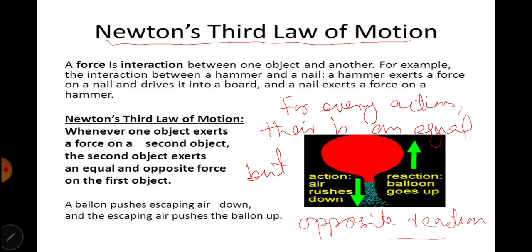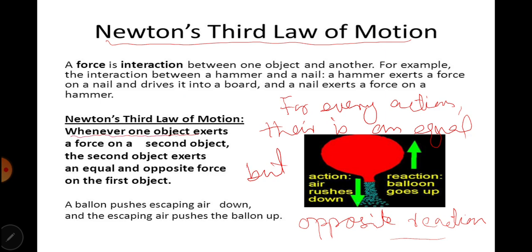A force is an interaction between one object and another. For example, the interaction between a hammer and a nail. A hammer exerts a force on a nail and drives it into a board, and the nail exerts a force on the hammer. That is Newton's third law.